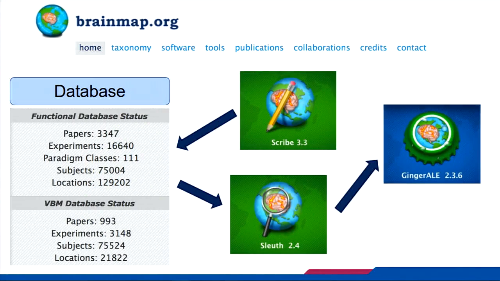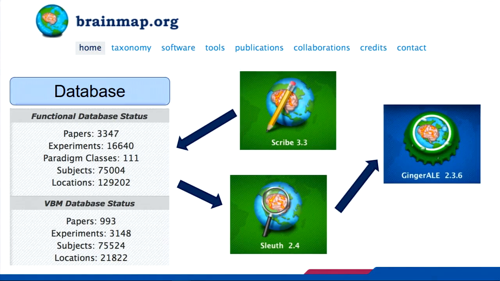So what I described up to now is you can enter the data into the Brainmap database using sluice, but you can also use all the data that's already in there, querying it with the sluice function. So here in sluice, you can set up very simple queries in seconds, or you can get as complicated and specific as you want.